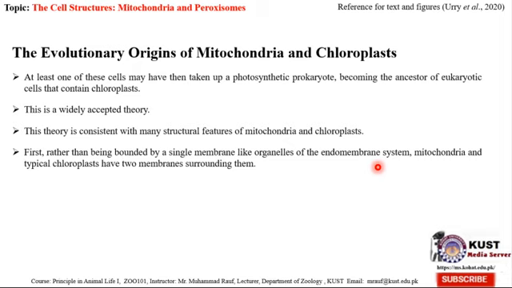Here we are talking about the evolution of mitochondria and chloroplast. So these two structures also have double membrane. They are enwrapped in two lipid bilayer membranes.